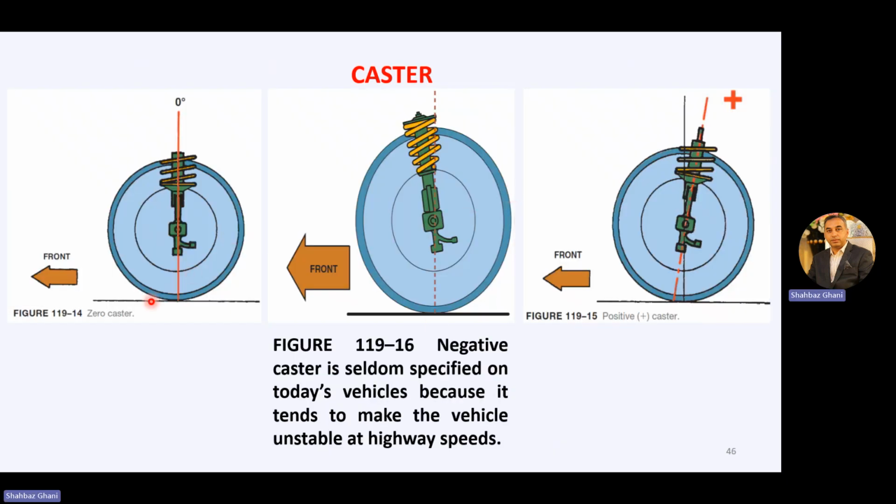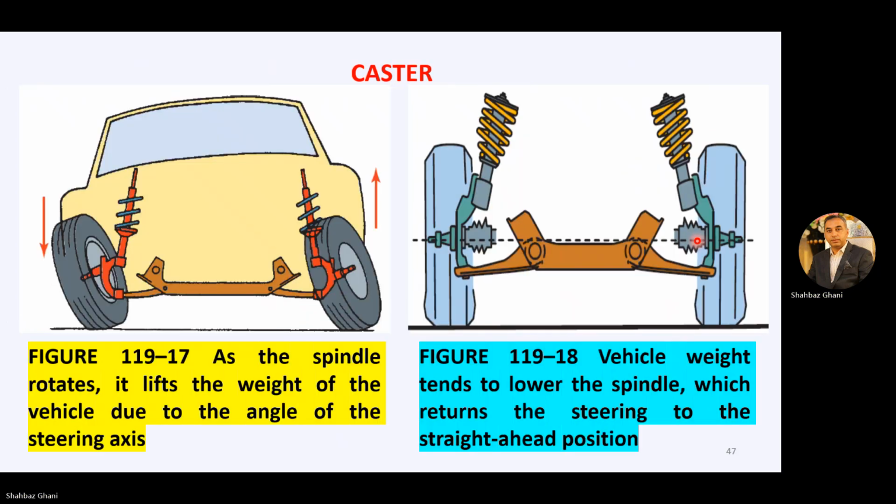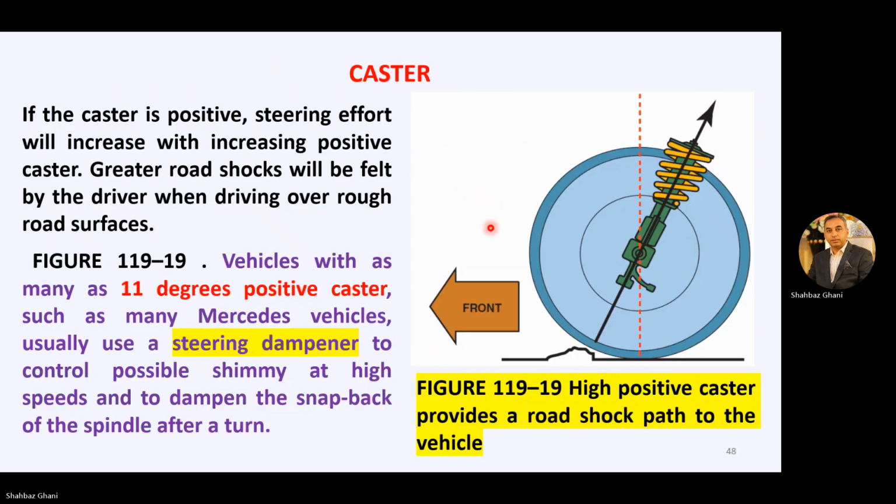So we have discussed zero caster, negative caster, and positive caster. The best example for the caster angle is the front wheel of a bicycle. Then, if the caster angle is more, we have to use the steering damper.